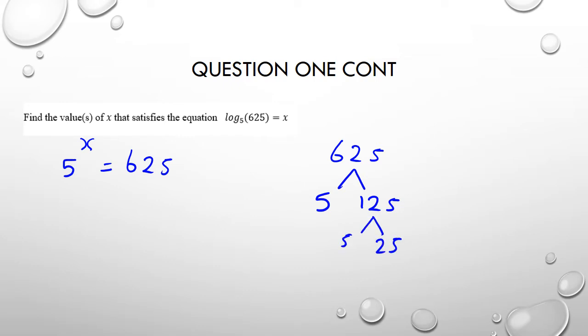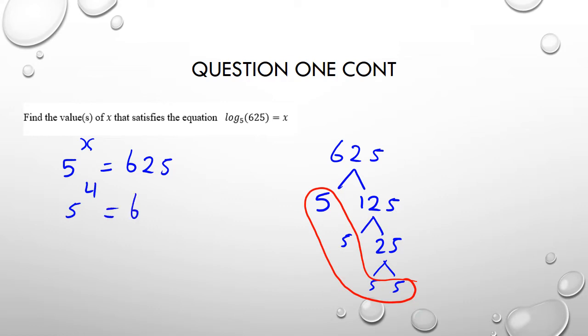I'm choosing 5 because the last digit is 5. That's a hint for me. And then 25 is 5 times 5, which means I have four 5s as the factors of 625. So that's why 5 to the power of 4 equals 625, which means x equals 4.